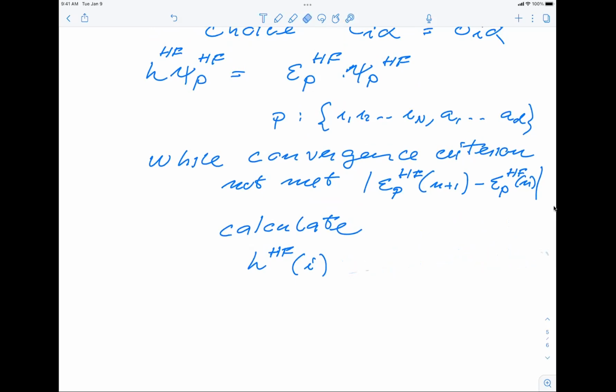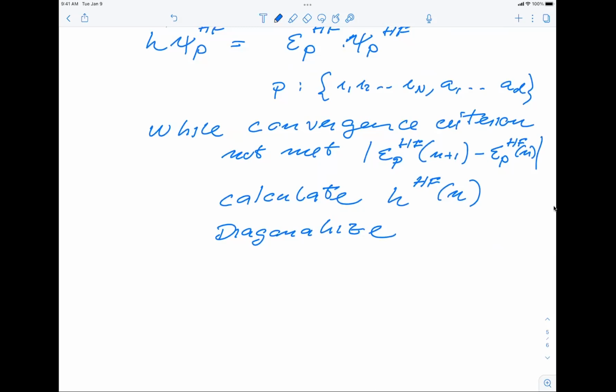So first you calculate, yeah, this is one. I was thinking of the next step, H Hartree-Fock for iteration I. And here, no, so N, iteration N. And then you diagonalize. The new eigenvectors.